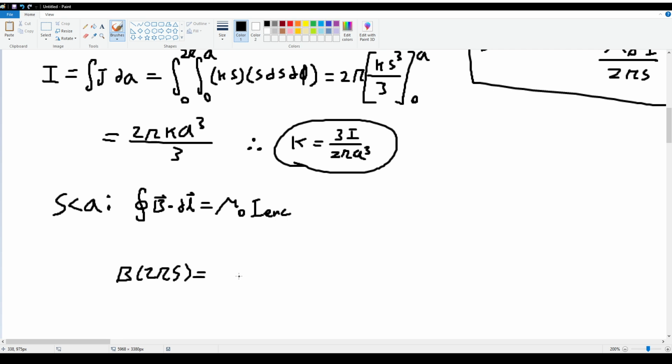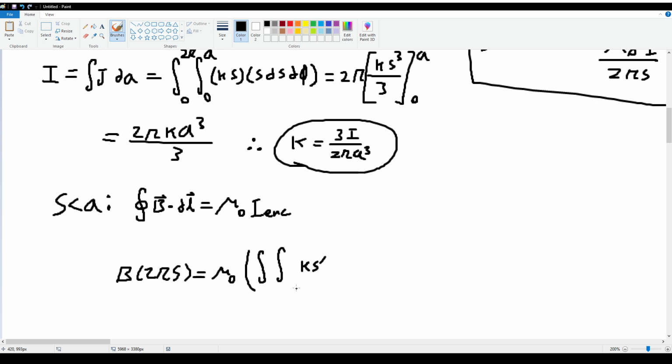And that will equal mu naught times, this time, a double integral here of S prime ds prime d phi.